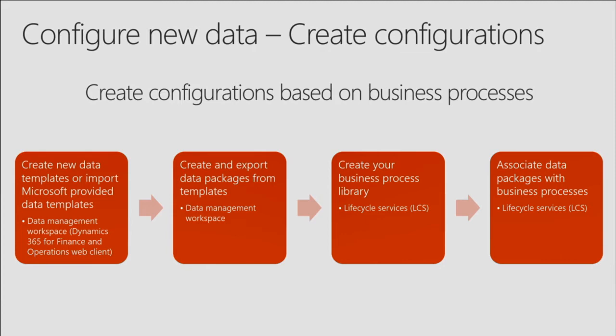And then you have what we call a process data package, which is a set of data packages, each of them associated with a specific business process that you can distribute if you're a partner to your customer, or if you're a customer doing an implementation, that you can use for repeatable implementations or repeatable configurations. And all of these tools are available from our client, either the AX7 client or the Lifecycle Services client.